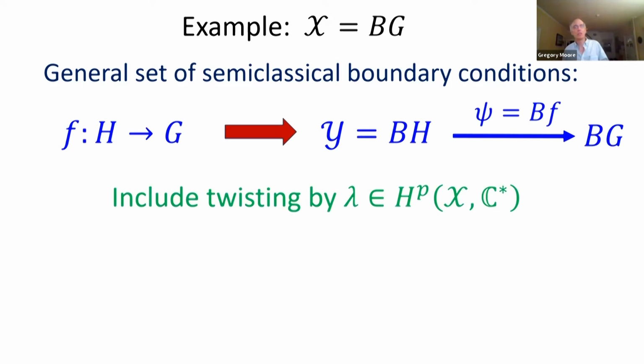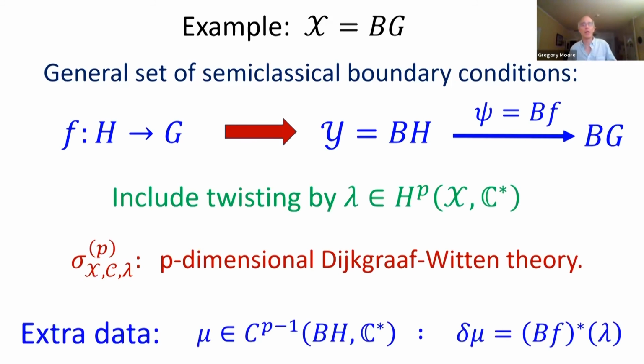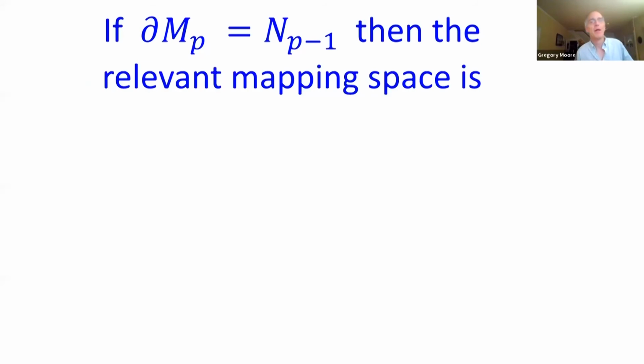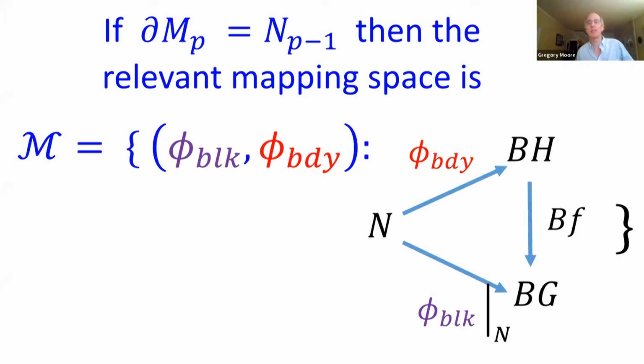Now, if I include a twisting by lambda, in other words, if I'm describing twisted Dijkgraaf-Witten theory, then I need to include some extra data of a cochain that trivializes the pullback of lambda. And so now if I have a spacetime with a spatial manifold N, then the relevant mapping space is, again, spaces of pairs that satisfy this consistency condition.